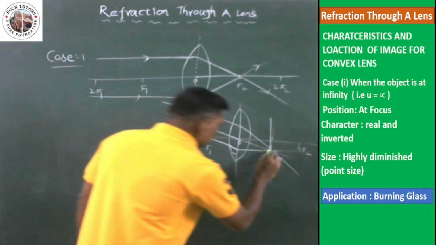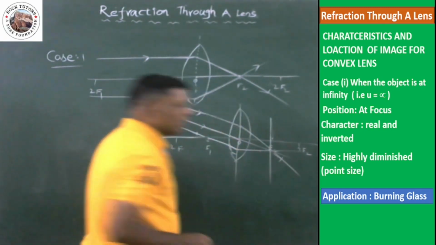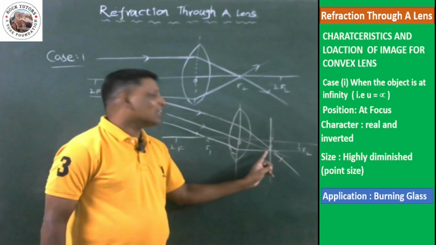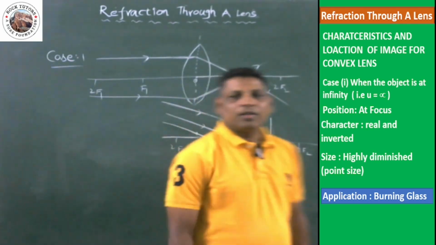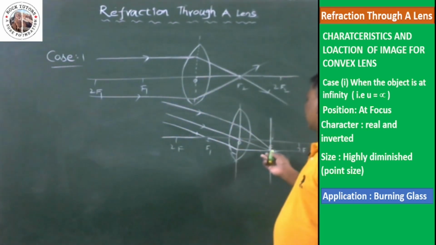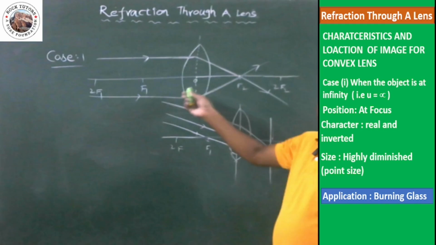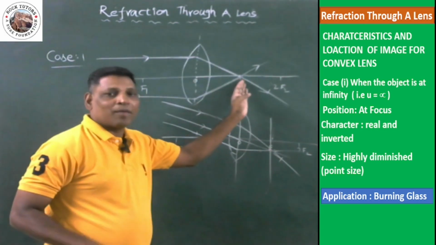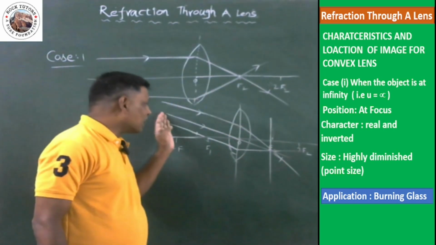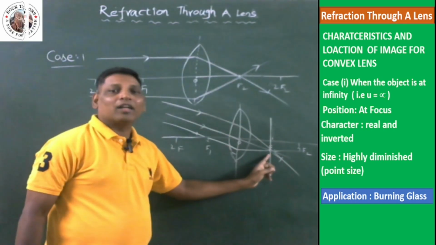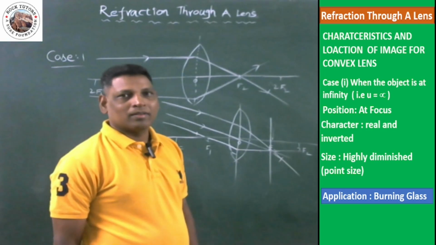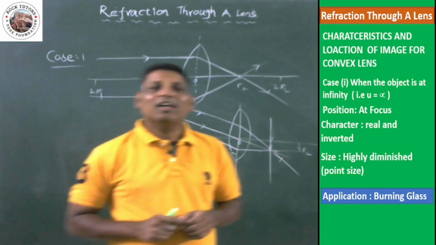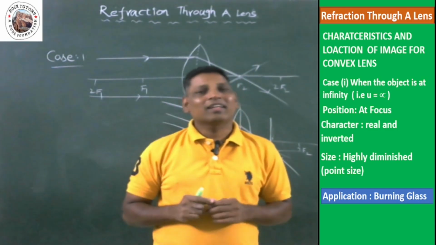Now here the image is forming. Where is the image forming? At the focal plane. This is a special case. In the earlier case the image is forming at the focus, in this case the image is forming on the focal plane. Size is diminished. This is regarding case 1.